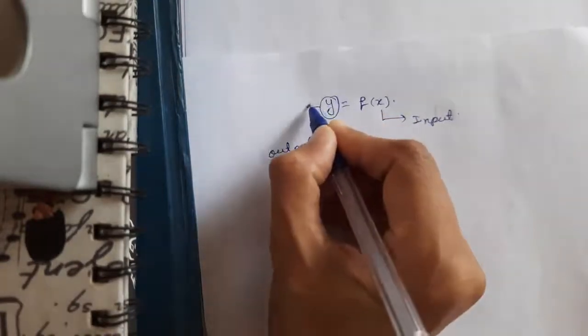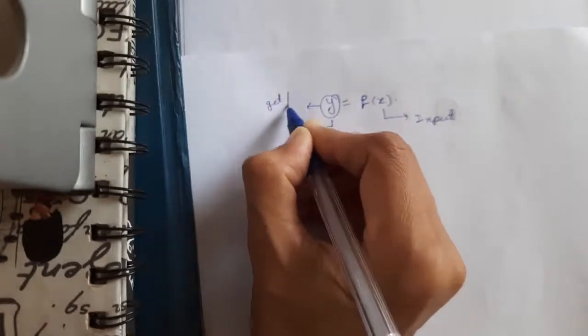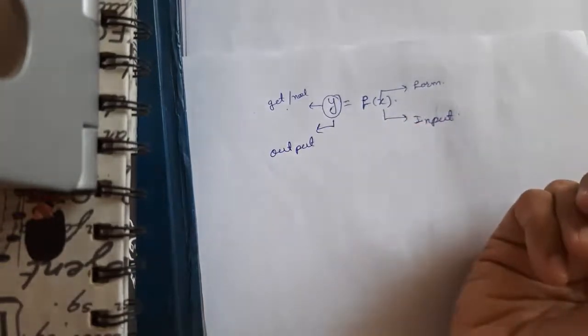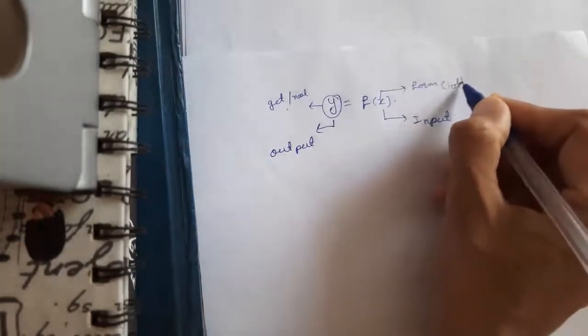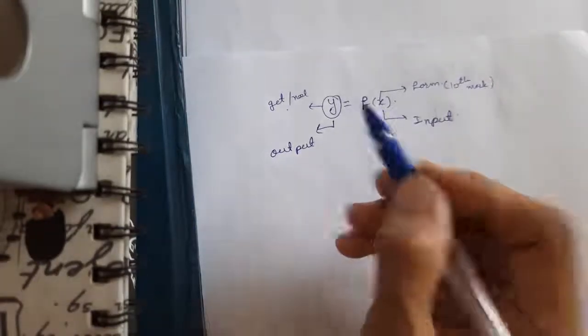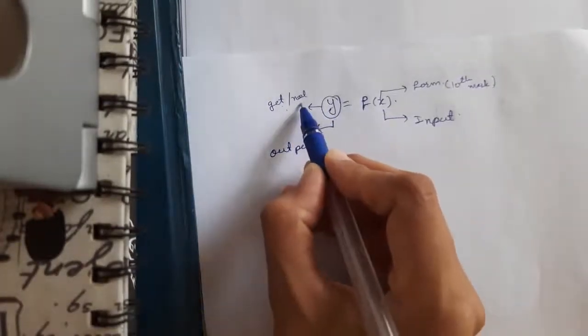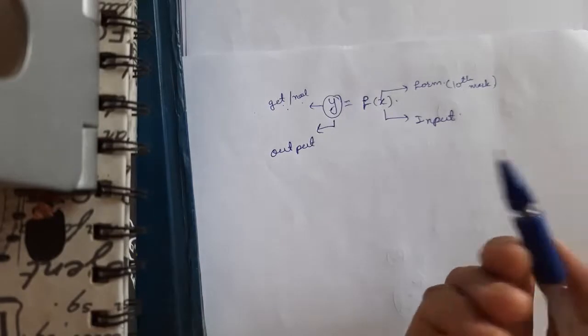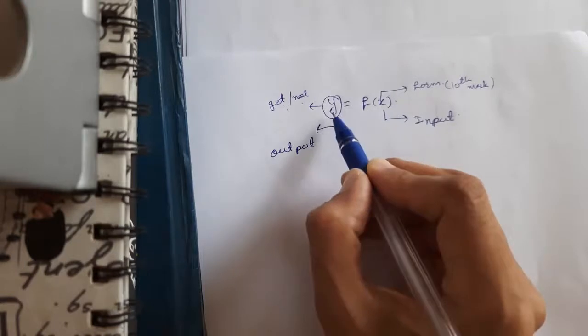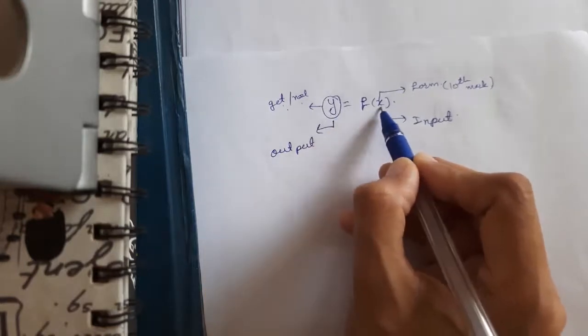In our example, y is the output, getting the college or not getting the college, and x is the form that I have filled, more specifically my 10th marks. Based on my 10th marks, I am going to get the college or not. We read it as y equal to f of x.